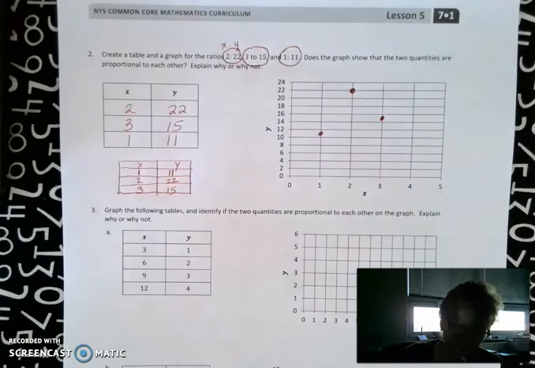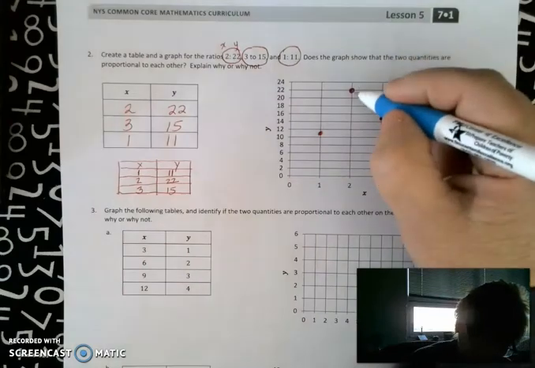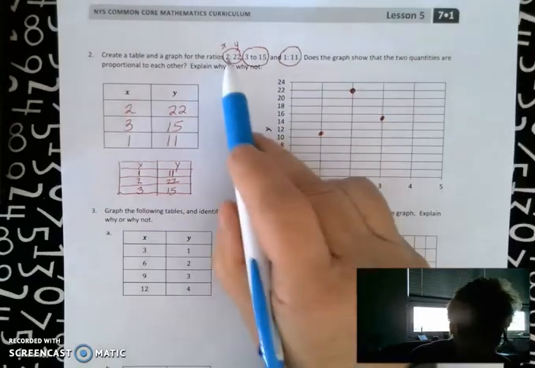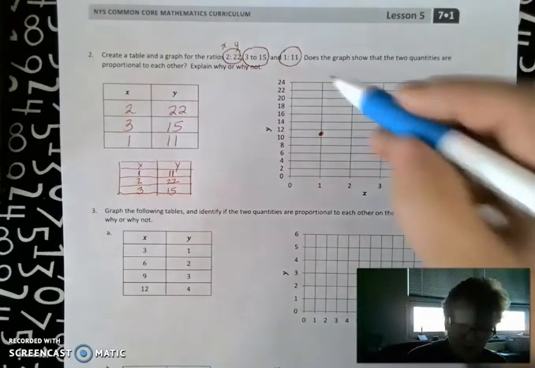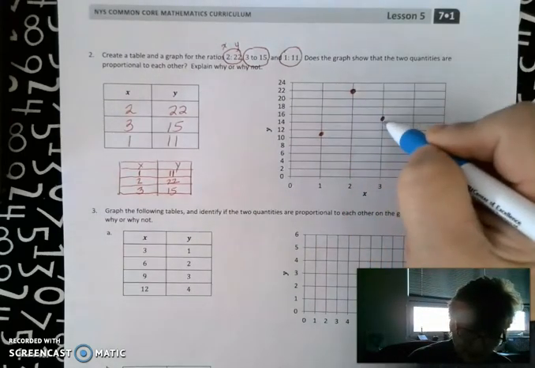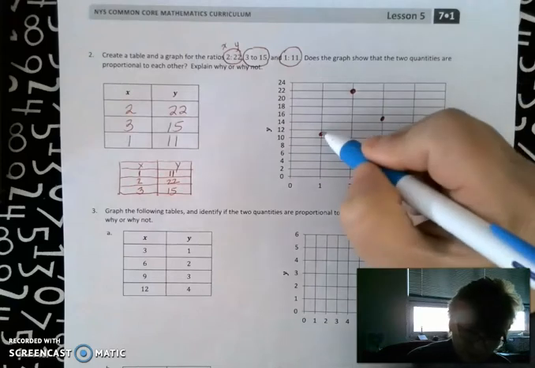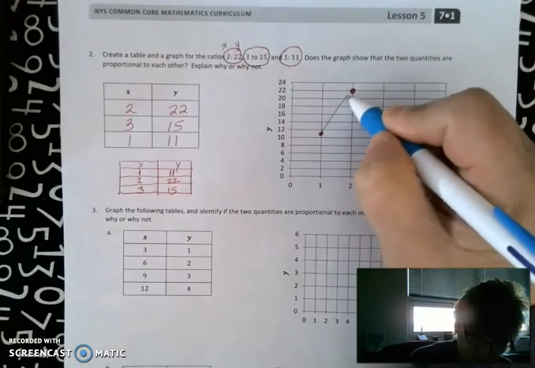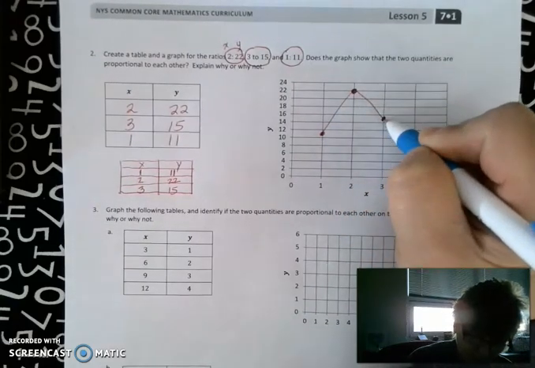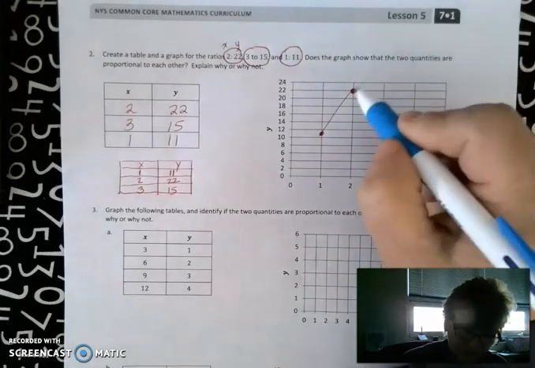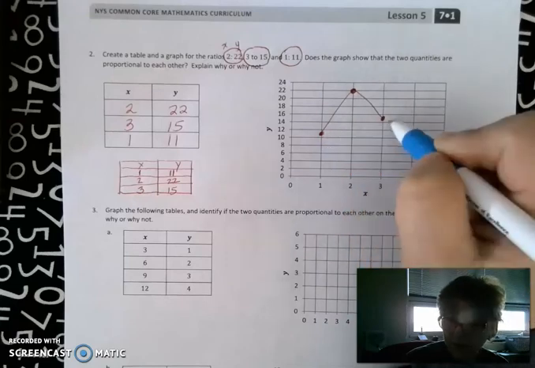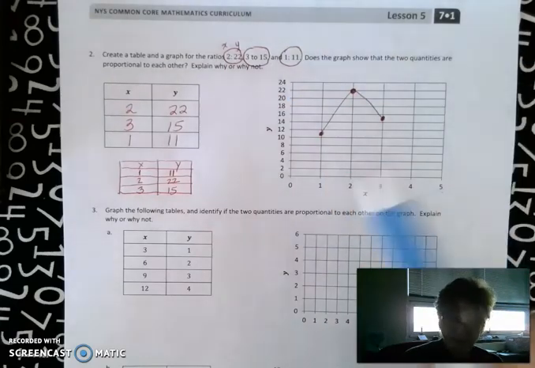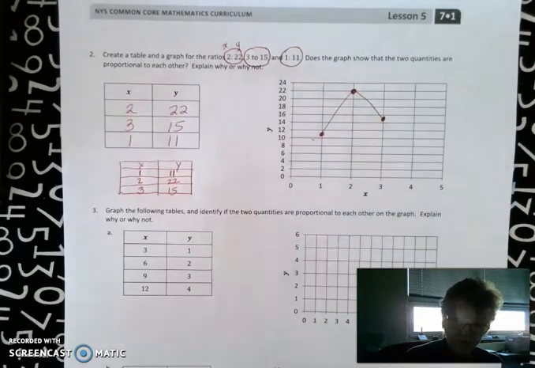And if I connect those dots, based on how they're written, it really doesn't matter if I connected them. I mean, I would probably tend to connect them this way. So you may have gone this way. You may have connected them this way, however they were written, but I connected them in order.